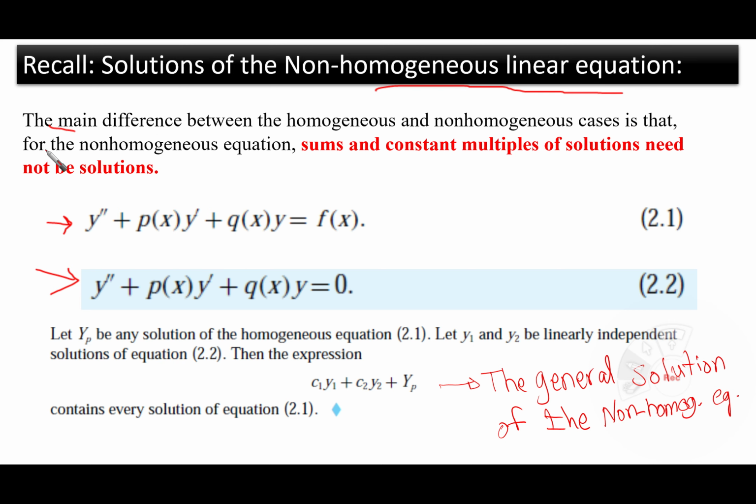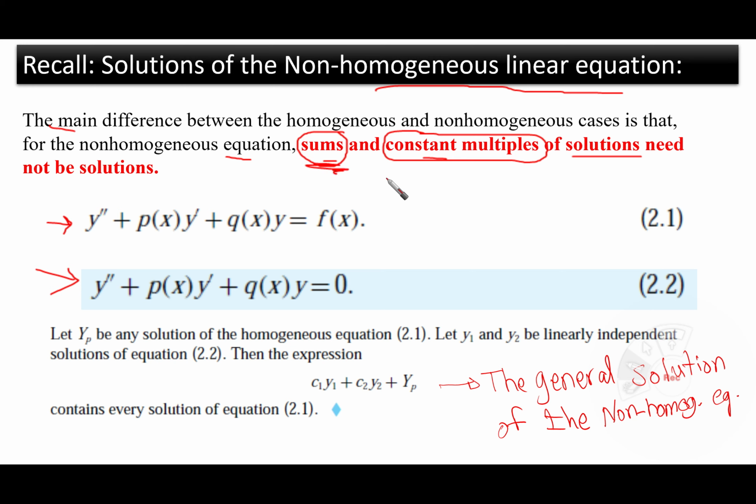We mentioned that before: for the non-homogeneous equation, sums and constant multiples of solutions need not be solutions. Actually, this is important, and it is one of the things that makes the homogeneous equation easier to solve: if we just sum up solutions, we are going to obtain the general solution.